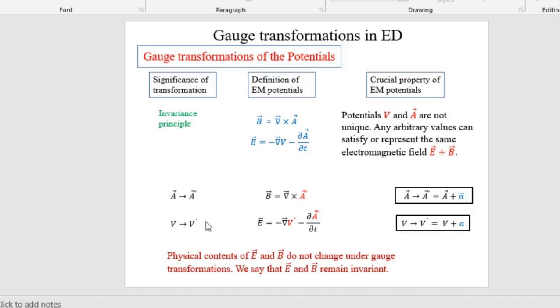So this is the definition of gauge transformation.